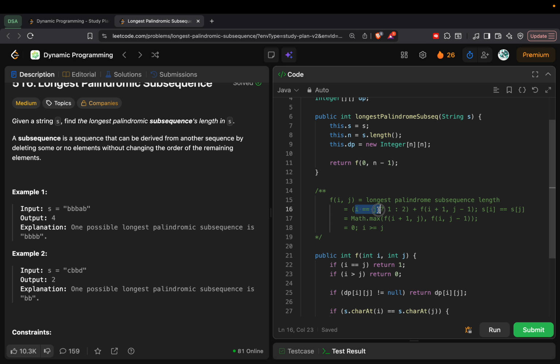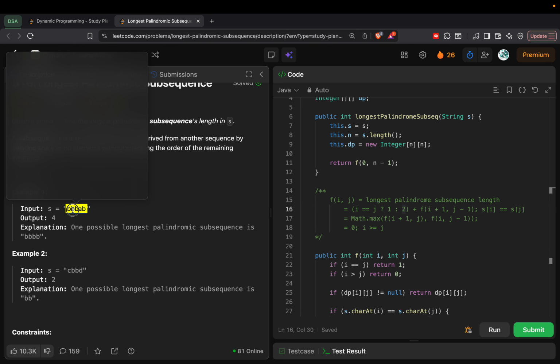And if i is equal to j, that means only one character will be contributing to the palindromic subsequence. If i is not equal to j, then two characters will be contributing. If you see, if I pass i and j as both 1 comma 1, then only one character will be contributing.